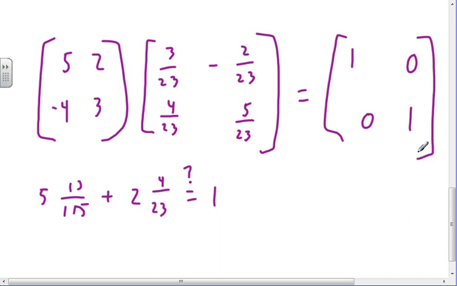Now, if I go on my calculator and I go to Matrix, and I go to Names, I go to Edit, and I have a 2 by 2 guy, and I put in a 5, and a 2, and a minus 4, and a 3, and I quit out of there, and then I go back into Matrix, and I go to Math.